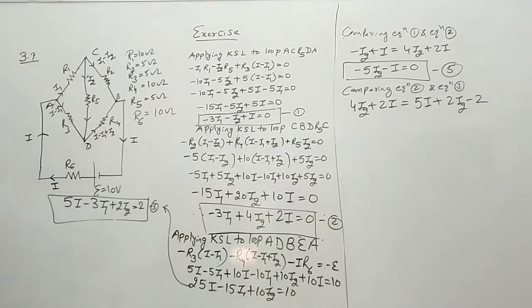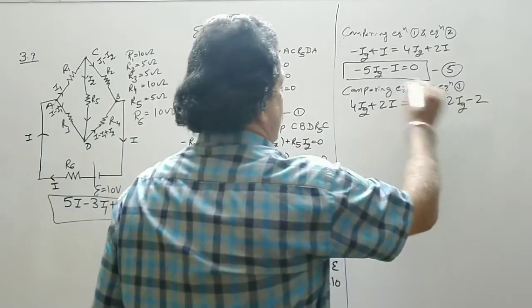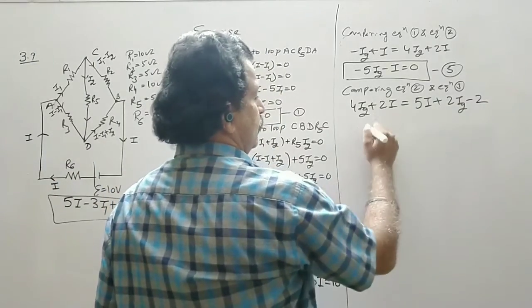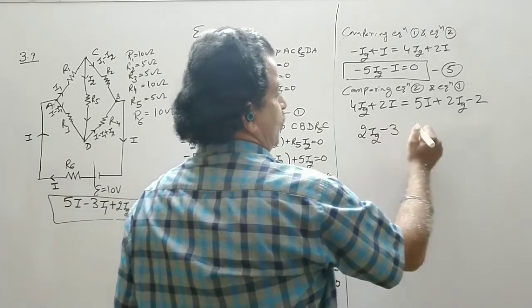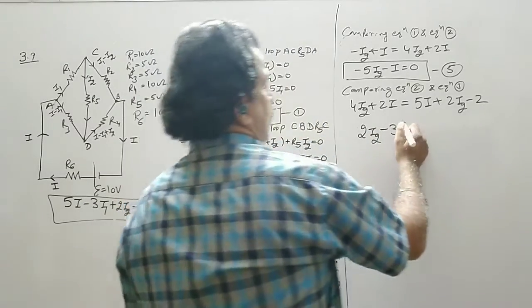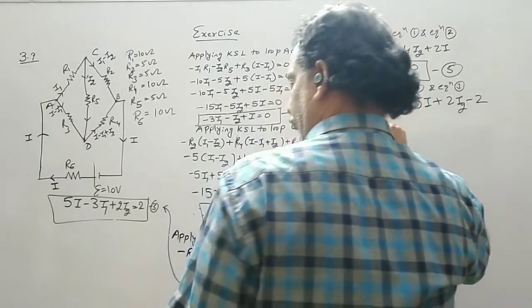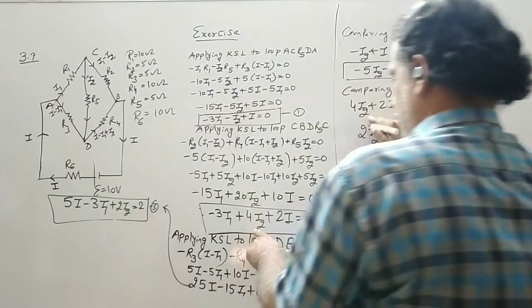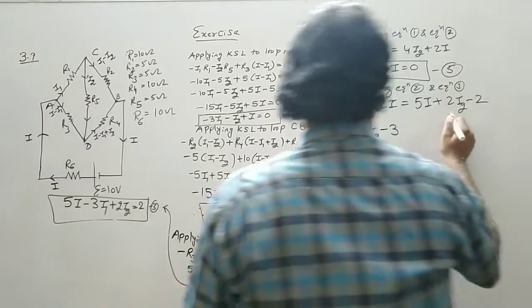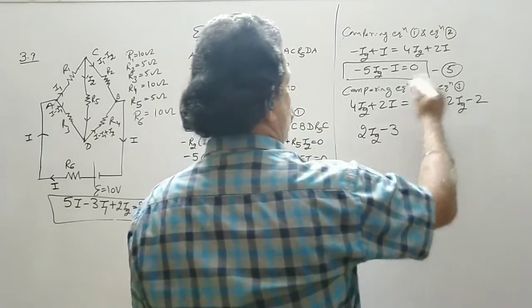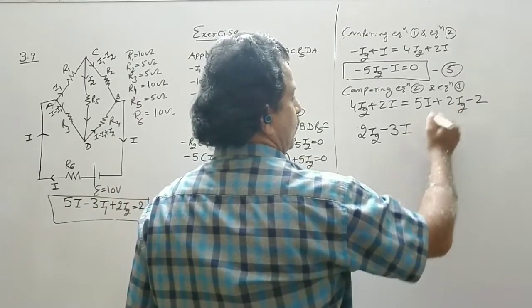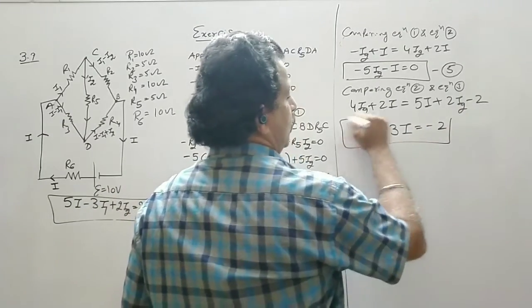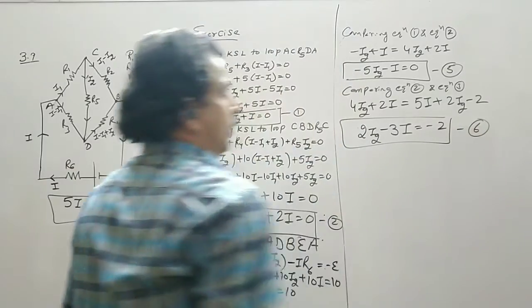So this is comparing 1 and 2, and comparing equations 2 and 3. Now this can be written as 2I2 minus 3I is equal to minus 2. This is our equation number 6.